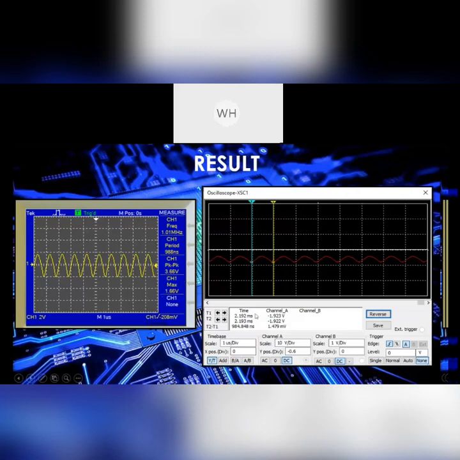From the oscilloscope we can see our value for T2 to T1 is 984.848 nanosecond. For the calculation in the oscilloscope we use frequency equal to 1 over T. So T we take from T2 to T1, that's 984.848, and 1 over T gives us 1.01 megahertz. Okay, that's all from me.